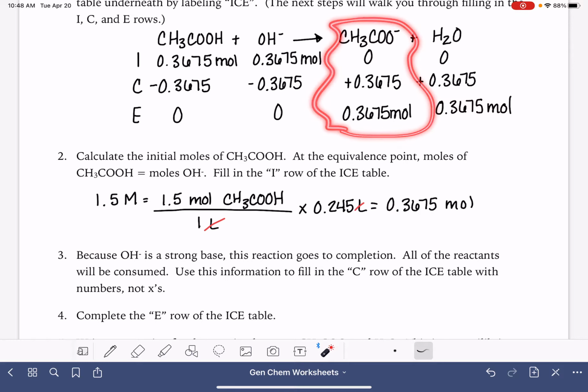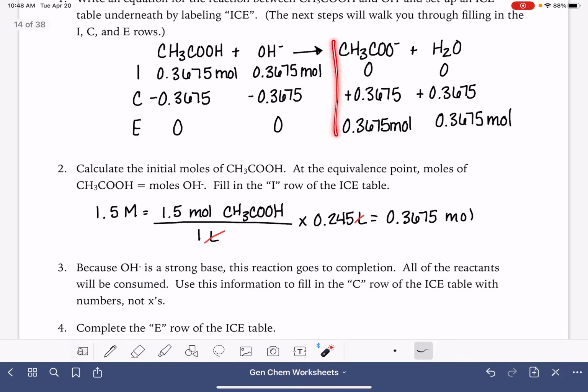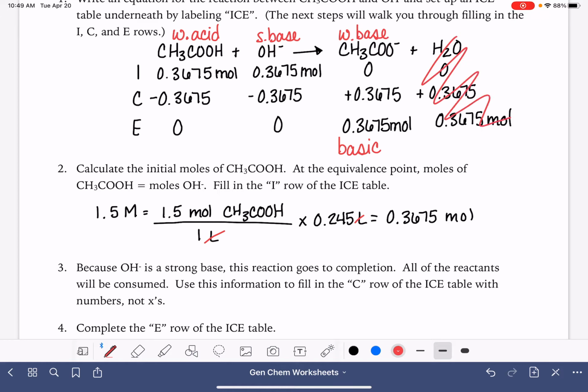Acetate, we've got to be thinking about acidity and basicity of our cations and anions. This is a basic anion. So when we're writing these reactions, we want to be thinking about this is a weak acid, this is a strong base, this is also a weak base. And water, let's just stop talking about water.